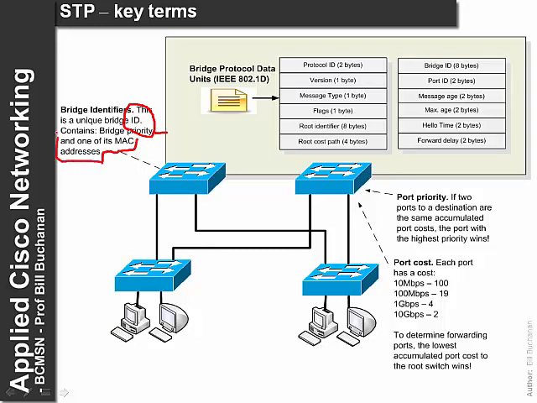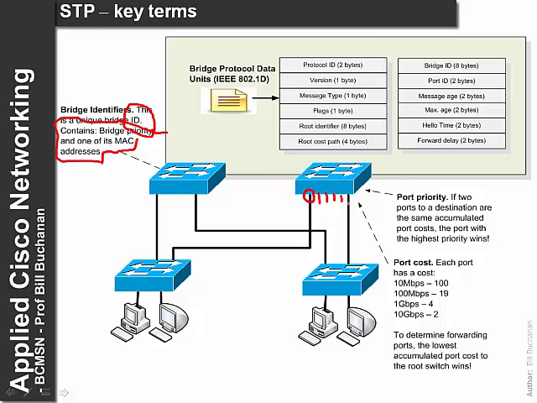It then uses this in an election process to find the switch which is seen to be the root of the network. Each port itself has a port priority, and if there are multiple ports on the switch, then a port can be allocated as having a higher priority than another one.